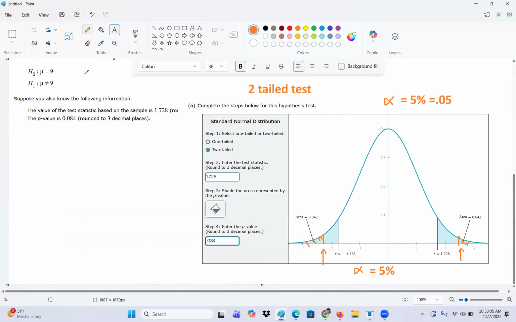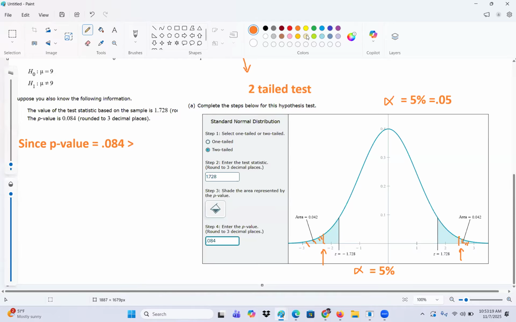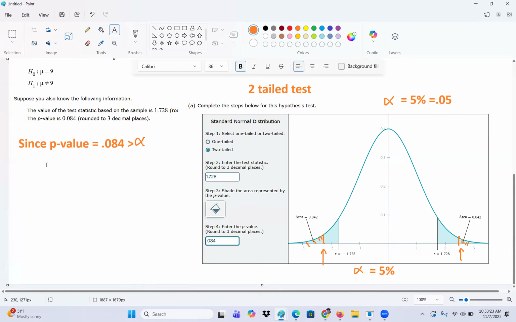Since the p-value is greater than alpha, it's simply 0.084 is greater than the alpha, which is what we have for the testing region. So the null hypothesis should not be rejected.